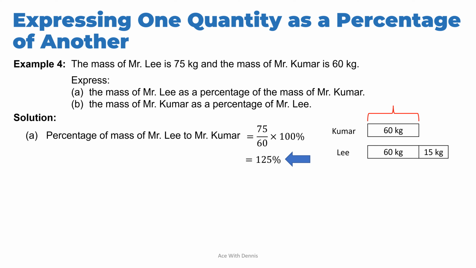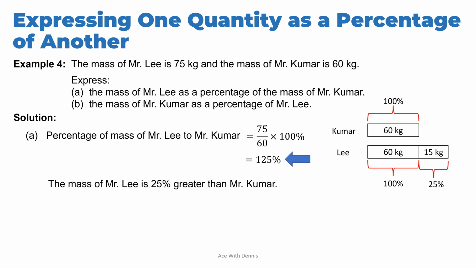So the mass of Mr. Kumar is 100% as it is used as the reference quantity. So this is 100%. The 15 kilograms will be the additional 25%. So we can say that the mass of Mr. Lee is 25% greater than Mr. Kumar.